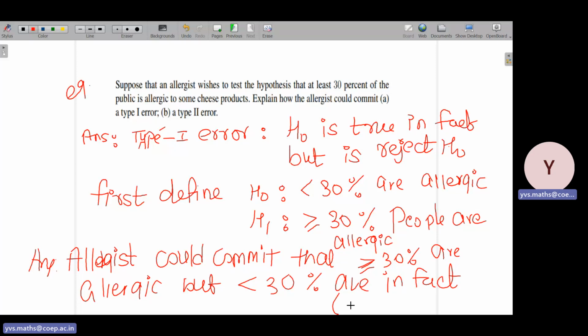Okay, so in this case, the allergist is making type 1 error.